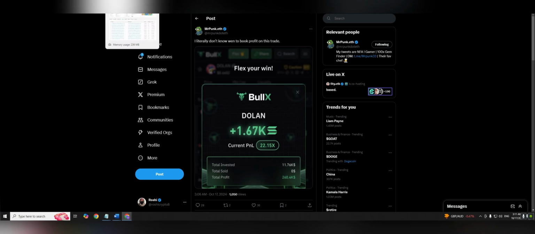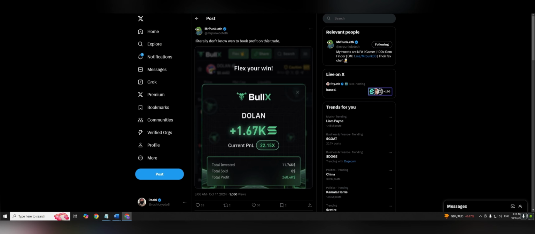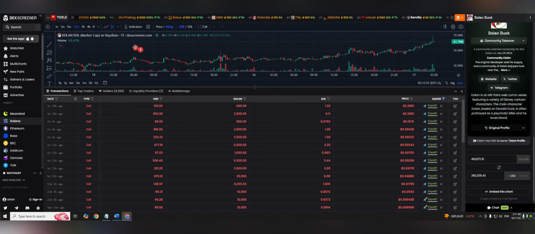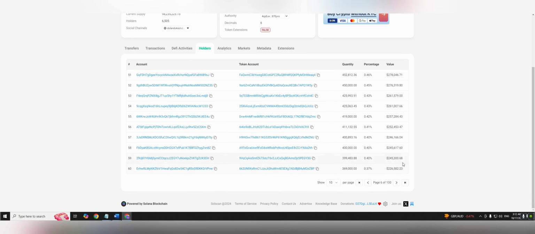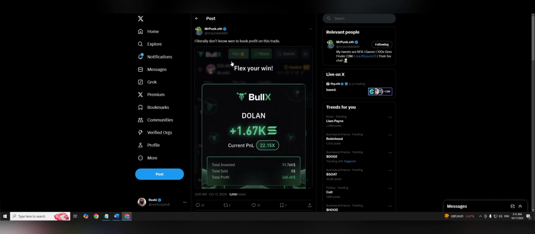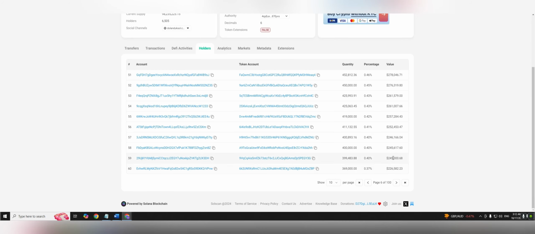Let's say between $250,000 and $265,000, because meme coins fluctuate a lot. You go to holders and you scroll until you see an amount close to the one we're looking for.